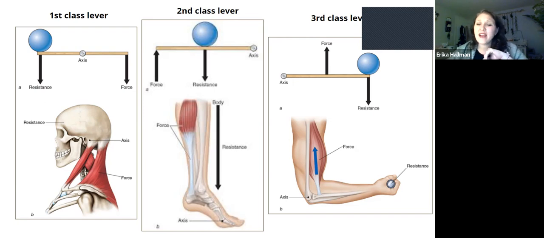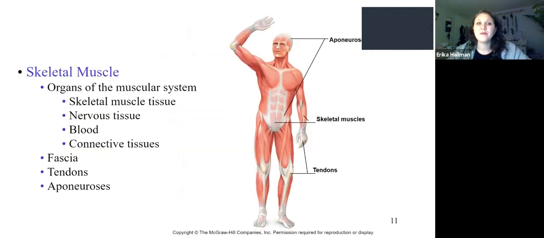But the reason why our body has a lot of these third class levers is that it does help with the length of that movement. So our legs and our arms, a lot of our appendicular skeleton uses third class levers because they give us the advantage of having a long distance movement as opposed to shorter movements.